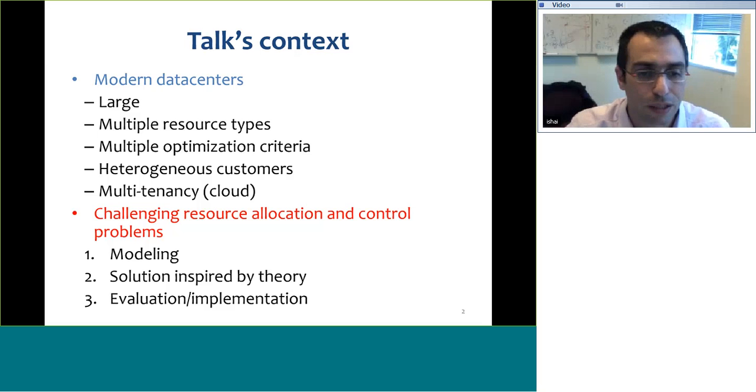stuff. And of course, in the context of cloud computing, which I won't be focusing on much today, just very briefly towards the end, there is multi-tenancy, like in EC2 or Azure. We have multiple users sharing the same physical resources, and that creates all sorts of interesting problems.